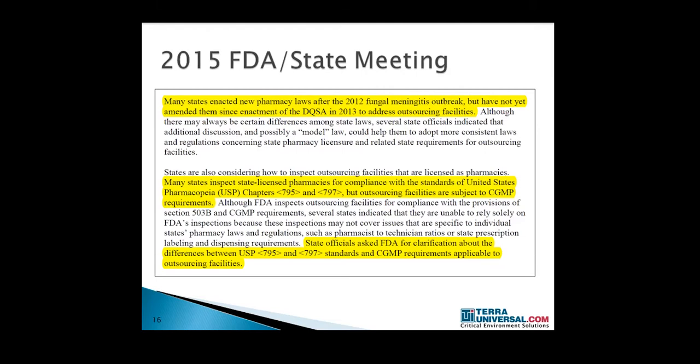However, the states still say that they cannot rely exclusively on the FDA inspections for outsourcing facilities because those standards lack the enforcement of state-specific laws, for example, tech ratios. Because each state's laws and resources significantly vary across the U.S., increased importance is placed on communication between state and federal authorities.